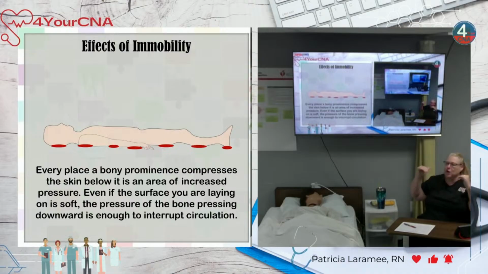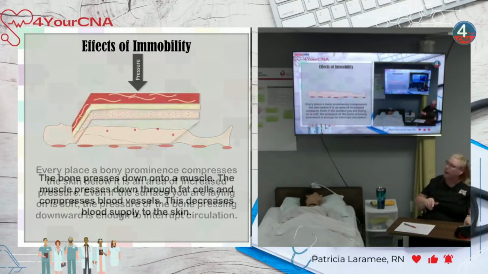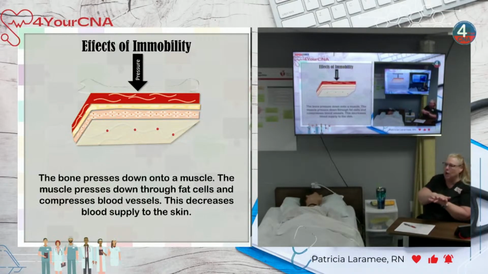So we have different pressure points along our body. If we're laying down, the back of our head, the shoulders, the lower back or coccyx area, the back of the thighs, the back of the calves, the heels, anywhere where a bone is pressing down on muscle. If a bone is pressing down on muscle, fat, and skin, that is a pressure point.